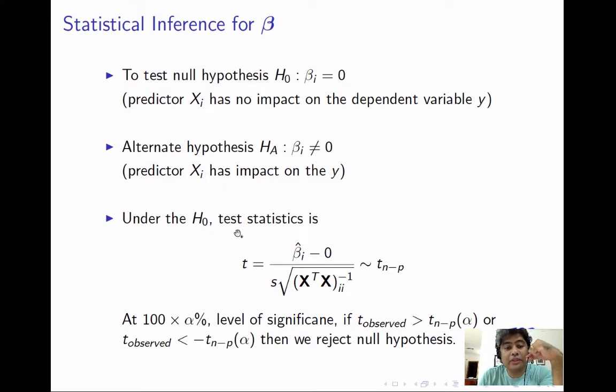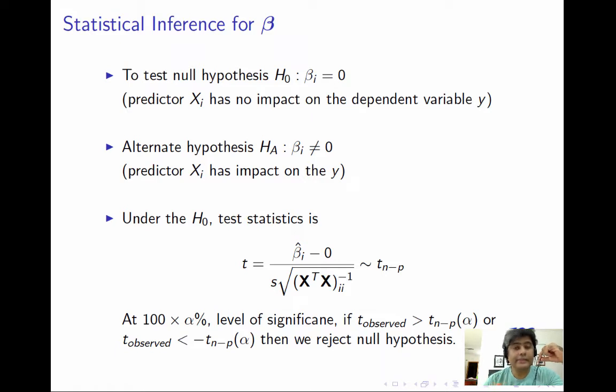Under the null hypothesis, the test statistic will be (beta i hat minus 0) divided by s times the square root of the (X transpose X inverse) ii entry, which follows a t distribution with n minus p degrees of freedom. At 100 times alpha percent level of significance, if t observed is greater than t of n minus p, alpha, or t observed is less than minus t of n minus p, alpha, then we reject the null hypothesis. But if t observed is between these two values, neither less than this nor greater than this value, then we say we fail to reject the null hypothesis.